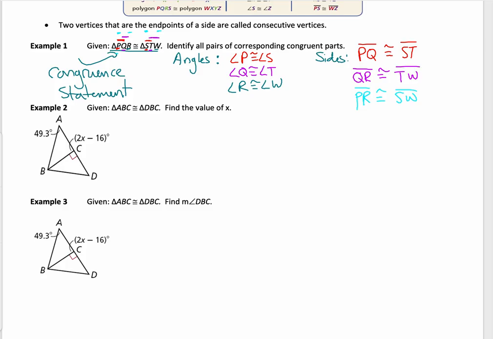Okay. All right. Let's look at example 2. We're given a congruence statement, and then it says find the value of x. Okay. So what that means for us is we have to figure out what goes with what, right? So looks like here, I'll mark the angles. We're talking about some angles. So we've got 49.3 here, and we've got whatever this angle is, the 2x minus 16, right?